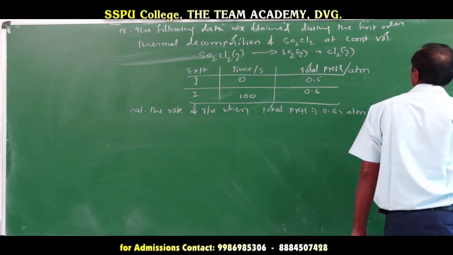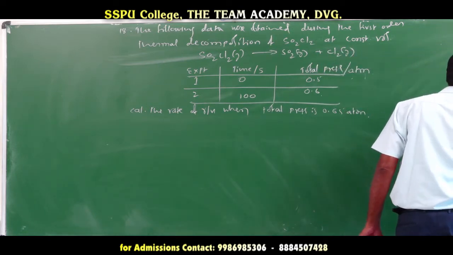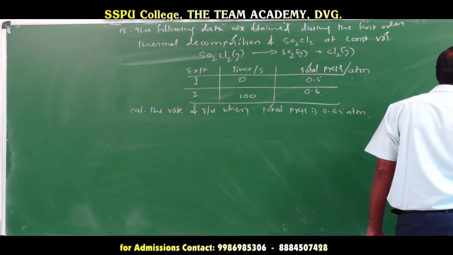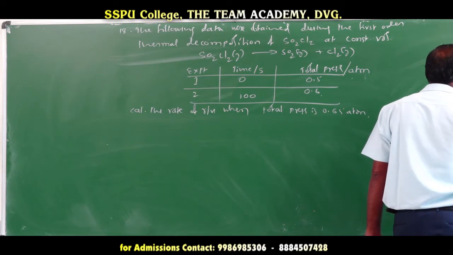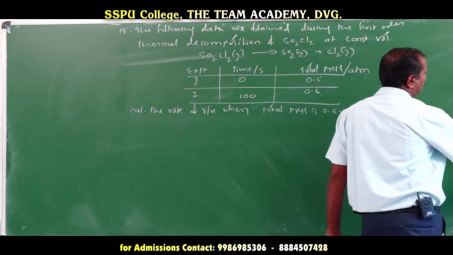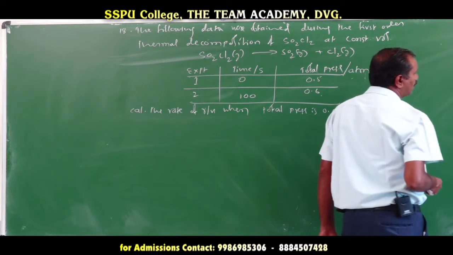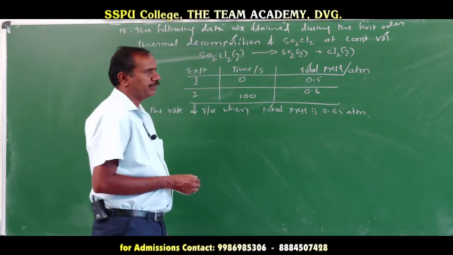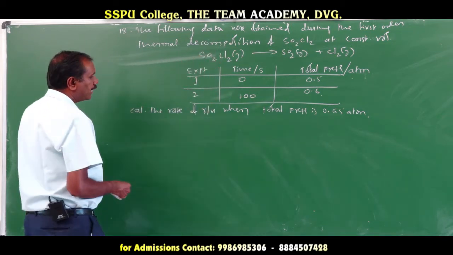How to find out the partial pressure of SO2Cl2? Rate is K into P of SO2Cl2, to the power 1. So to calculate this, we should know the value of K and the value of the partial pressure of SO2Cl2. So we can calculate the K value.